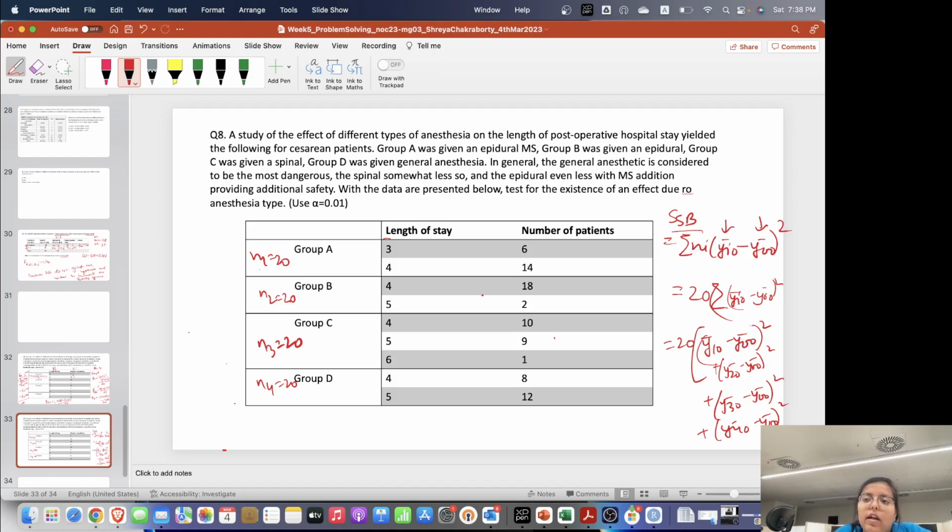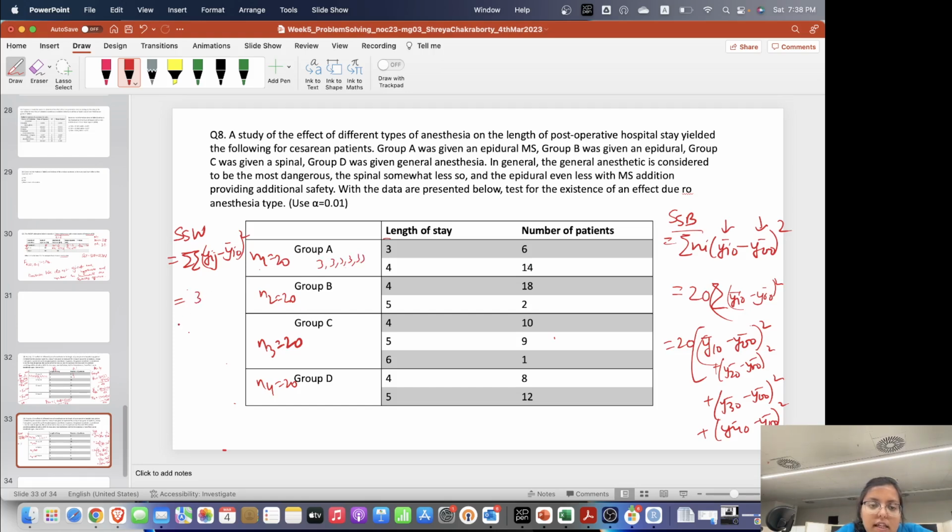Okay. Similarly, if we have to get SSW, what do we need? We need summation yij minus yi naught bar whole square. For this one we are going to do the same thing. If I break it up, here we have 3 3 3 3 3 3, 6 threes.